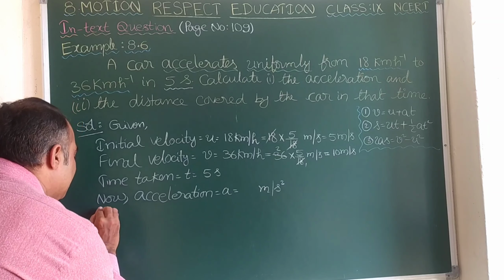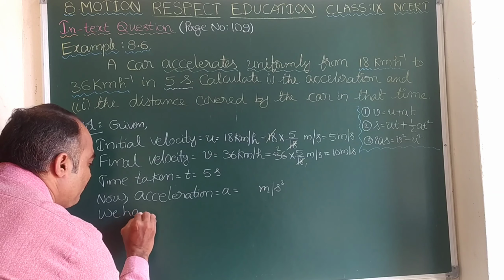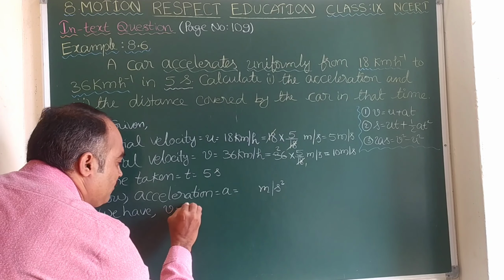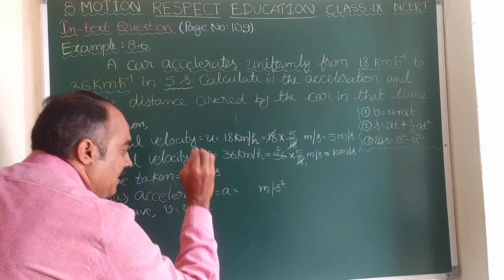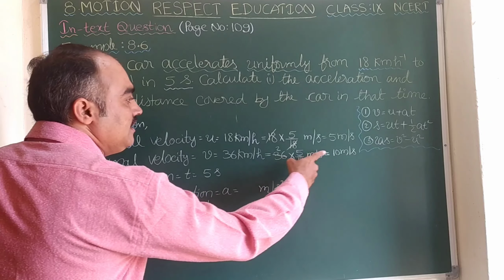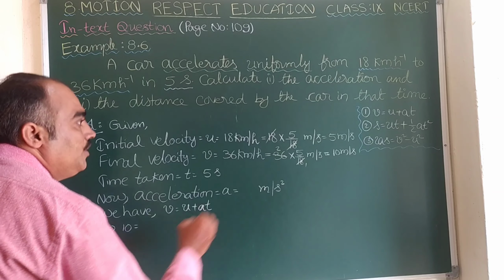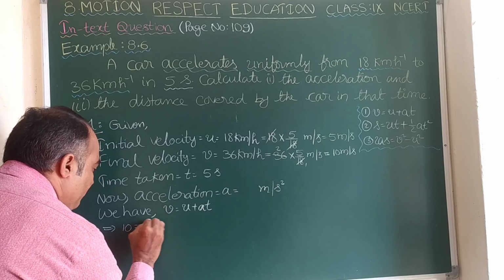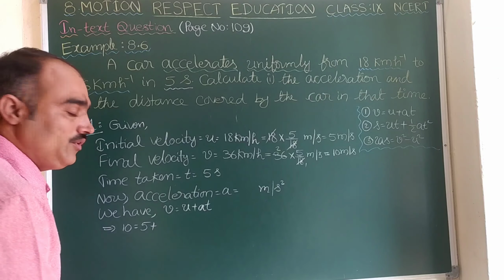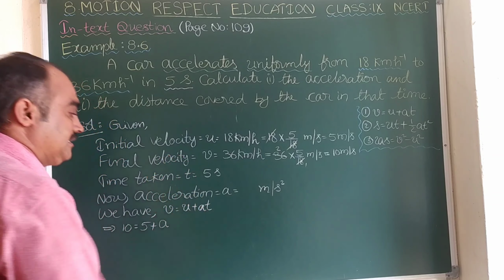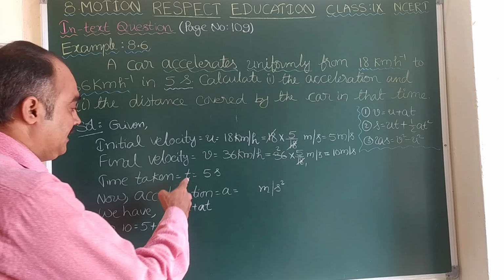So here we have v is equal to u plus at. Let us substitute the values. v is here 10. On substitution, 10 is equal to u, which means 5, plus a, that is what we don't know and have to find, into t. t is here 5 seconds.